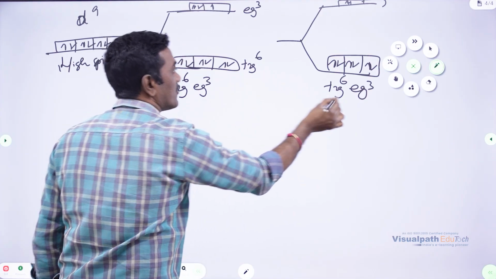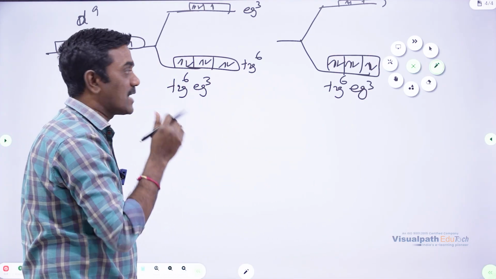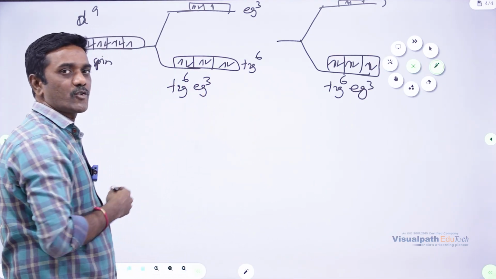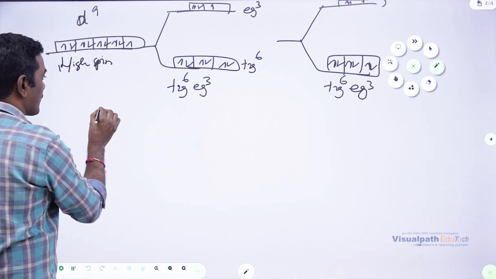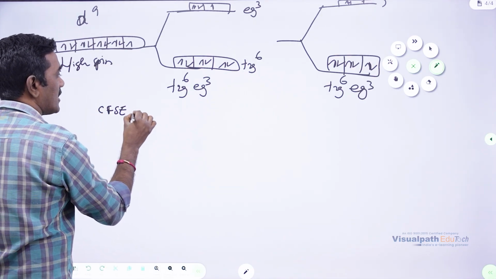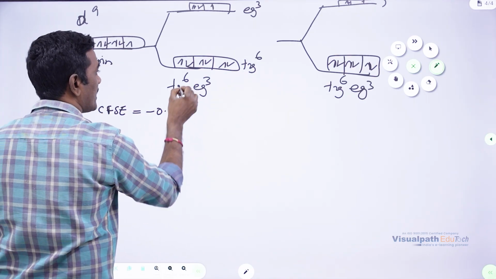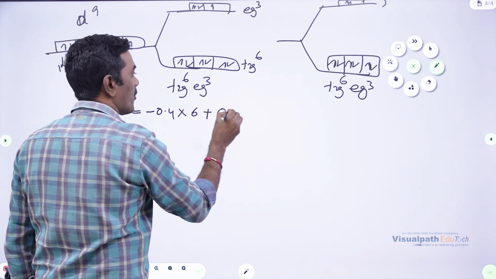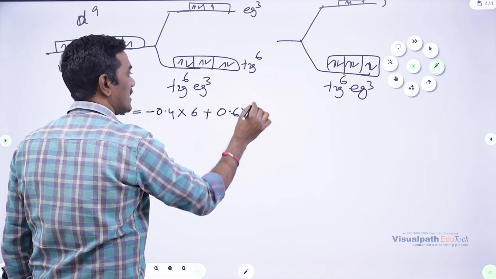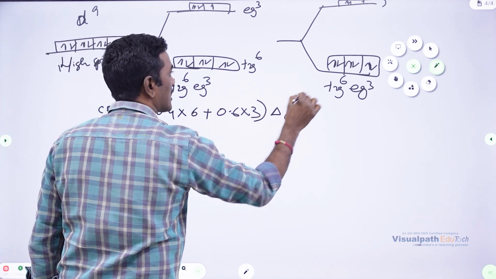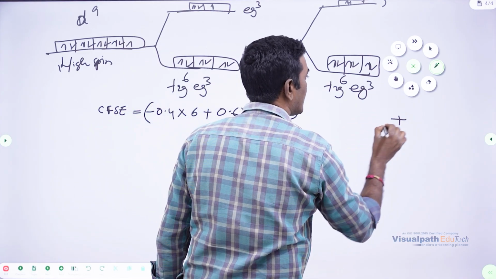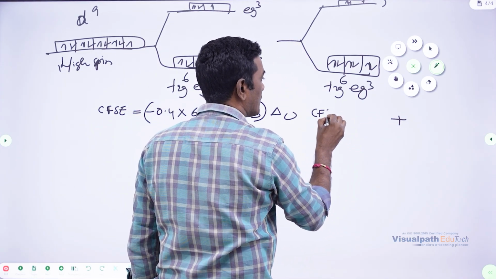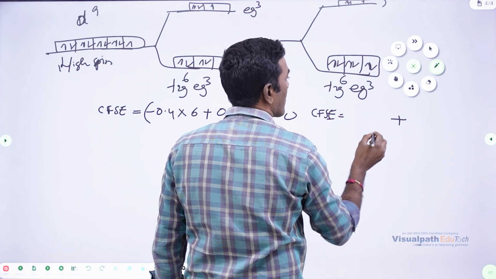We can see here both are going to have the same configuration, and so both are going to have the same CFSE. What is the CFSE formula? Minus 0.4 into 6 plus 0.6 into eg 3 delta naught. The same will come here also, because the pairing energy will come the same here also.